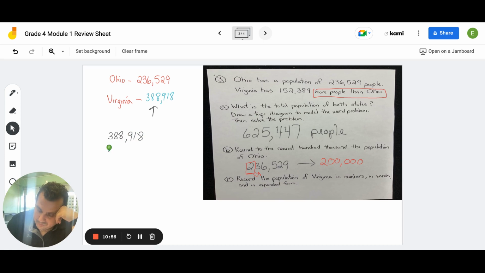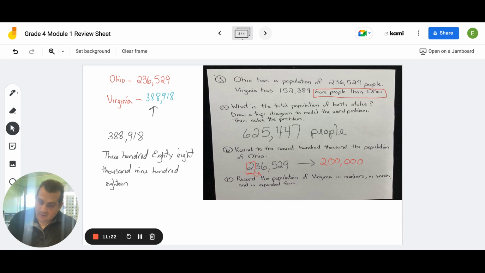Word form, 388,918. That is word form. Okay, so this is numbers. This is word form.